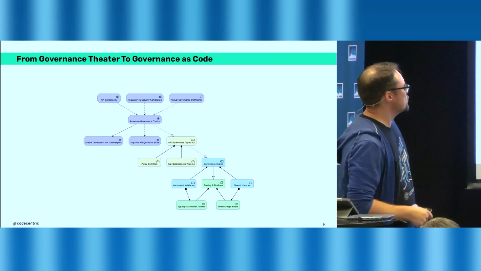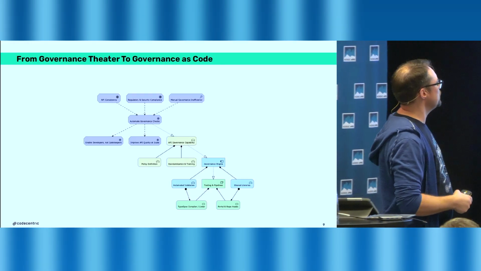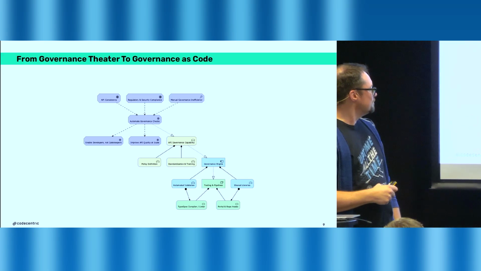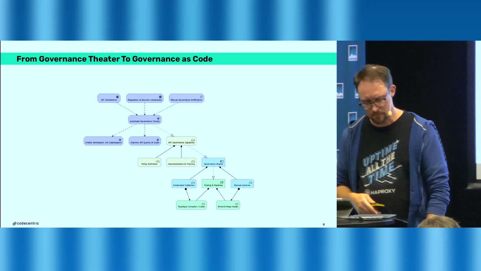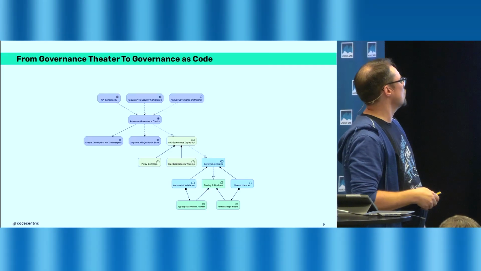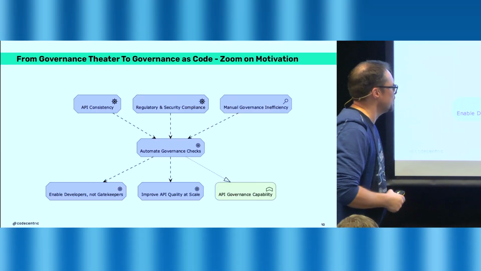The idea is actually going further. We actually have goals we want to reach, and we want to assess stuff there. And then we need some kind of API governance capability to really measure the things there. So we go into more detail of this little diagram. We just look into the motivation phase.